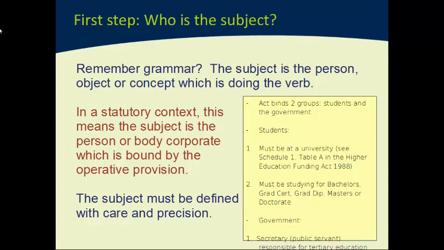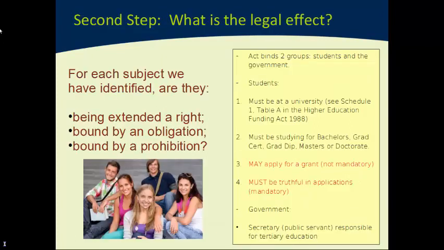That's not going to be mandatory, but if they do, they must be truthful in their applications, and that is mandatory. From the government's perspective, we've identified the secretary as being the subject, and we're saying they must pay grant money to eligible students, and that's mandatory. So that's an obligation. So you can see what we're doing now is using those 12 basic models of legislation to start building up our operative provision.